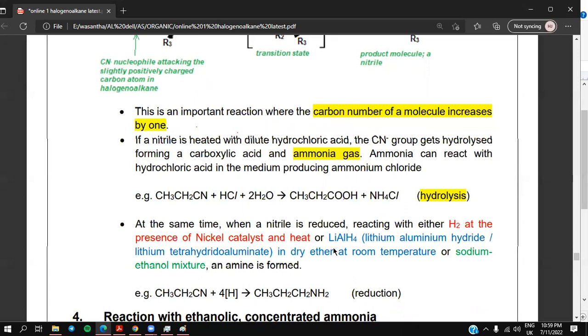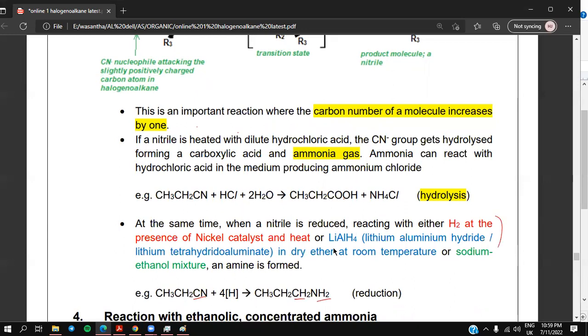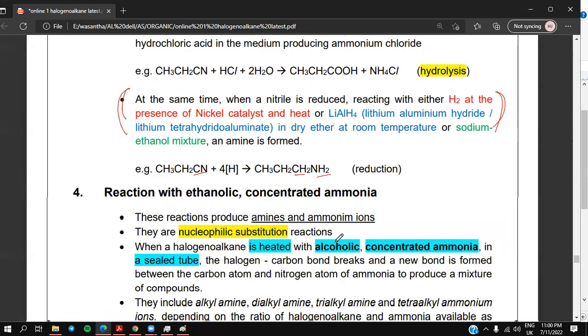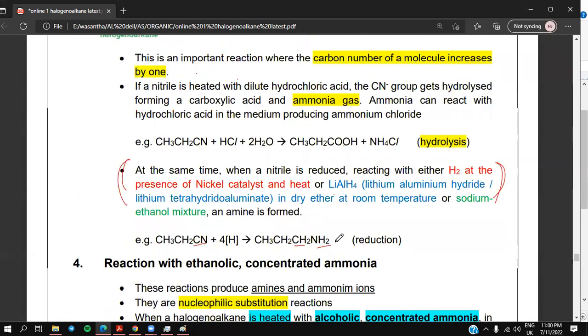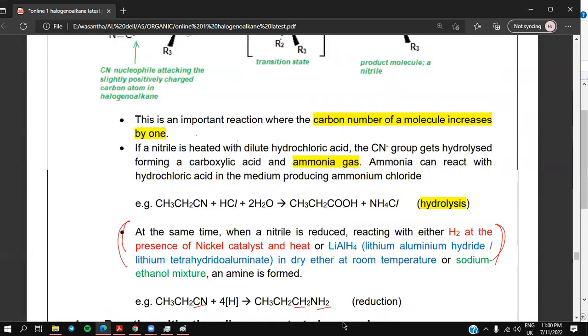CH3, CH2, CN goes to CH3, CH2, CH2, NH2. Please remember these things. Reaction with ethanolic concentrated ammonia is the next one.